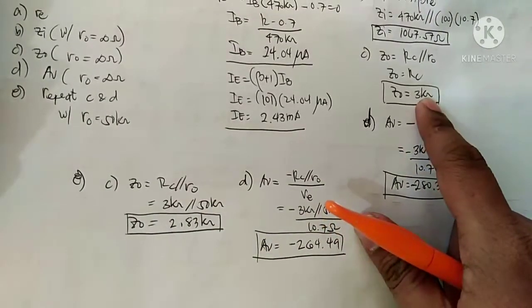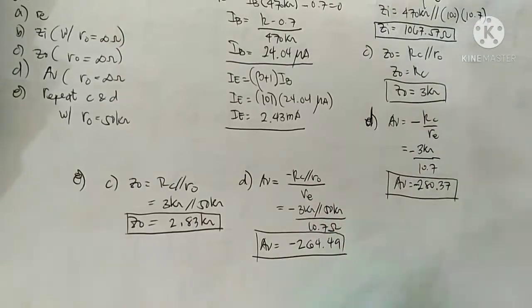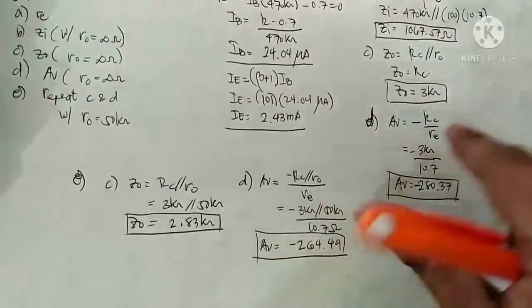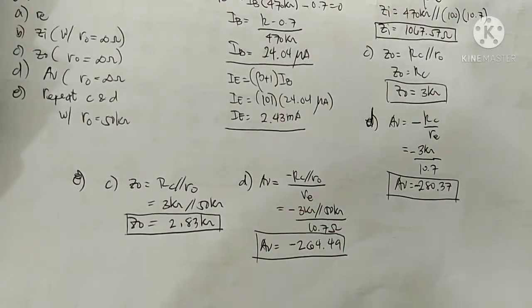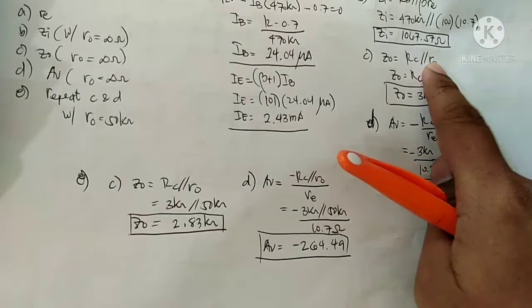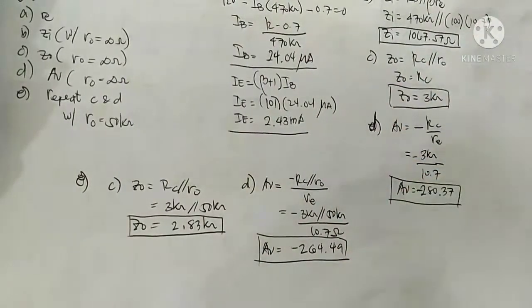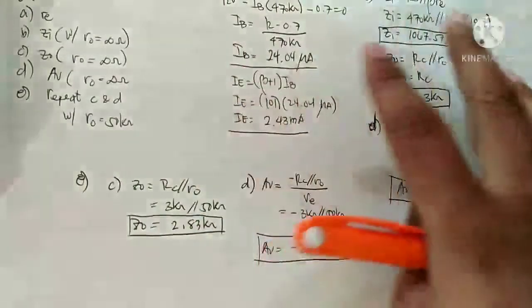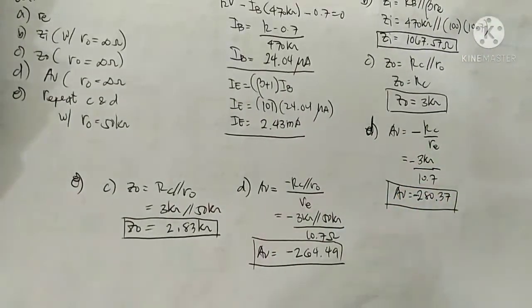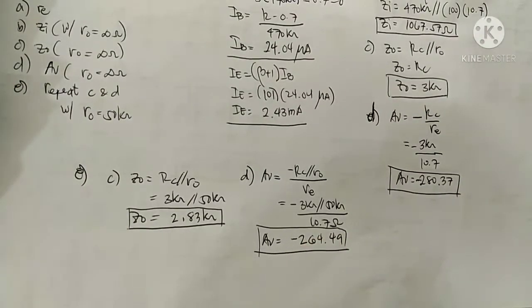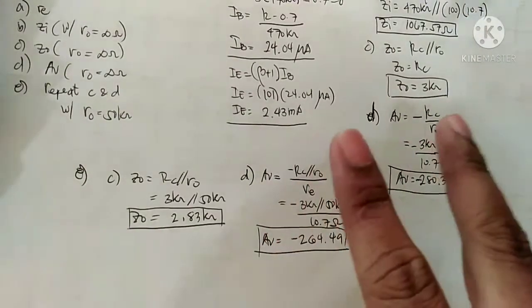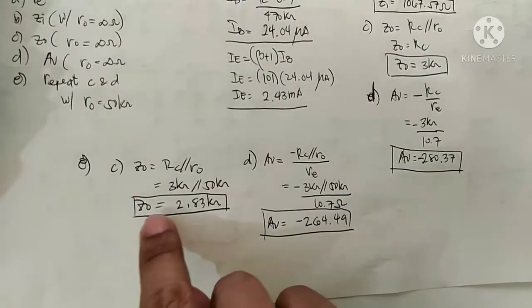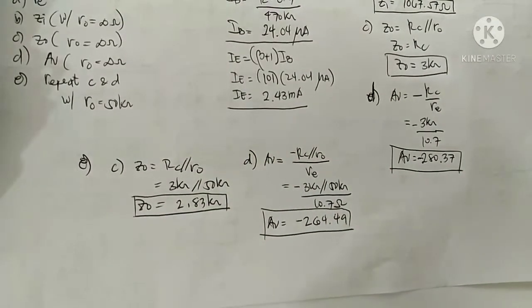Sometimes we assume it as infinite, it depends on the problem. The reason why Boylestad, the author of the book, uses approximate analysis is that solutions get easier if you don't include RO in all the problems. That's why he introduced approximate analysis as well as the exact analysis. Depending on the problem, RO is either included or not, but their answers are close.